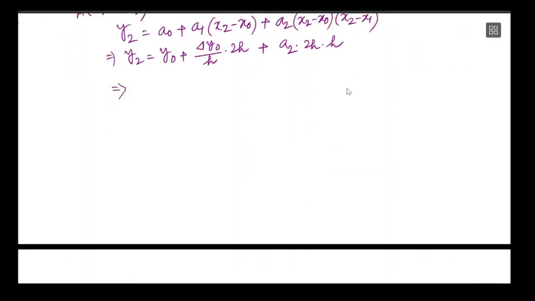That is, a2 equals (y2 minus y0 minus 2 delta y0) whole by twice h square.